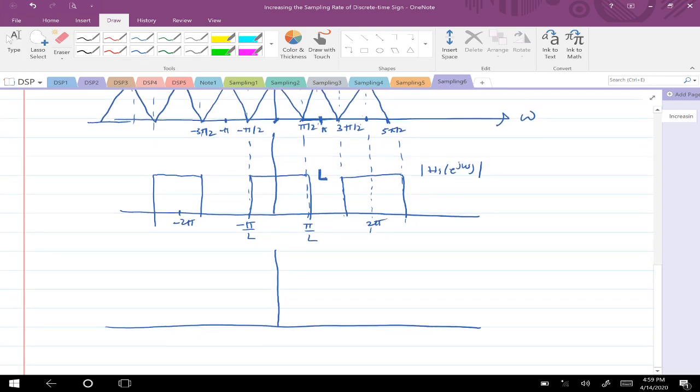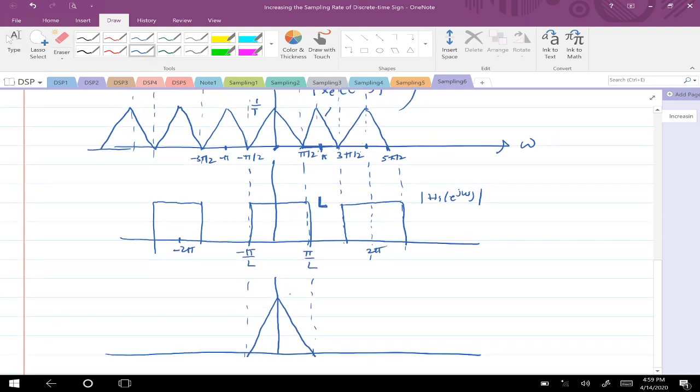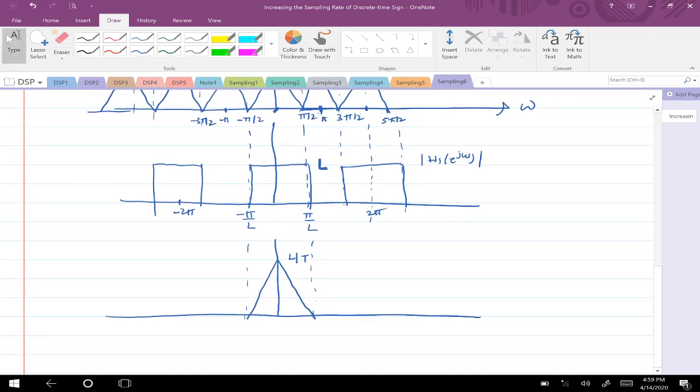Well, I am keeping a copy from minus pi by 2 to plus pi by 2. Here L being 2, that's fine. So I am getting here the magnitude L multiplied with 1 by T. So this is L by T, okay? And this is pi by 2, or I could have written this as pi by L here. This is minus pi by L. And another copy is at 2 pi. Of course, it's periodic and that should make sense.